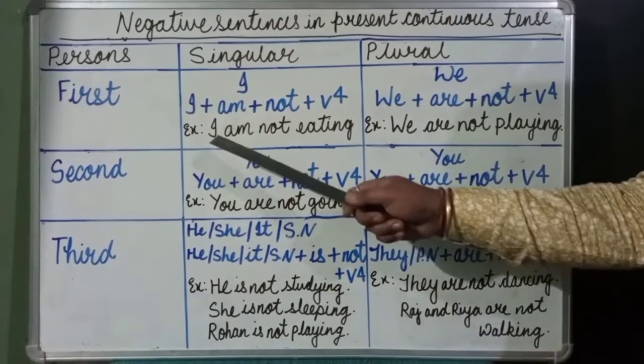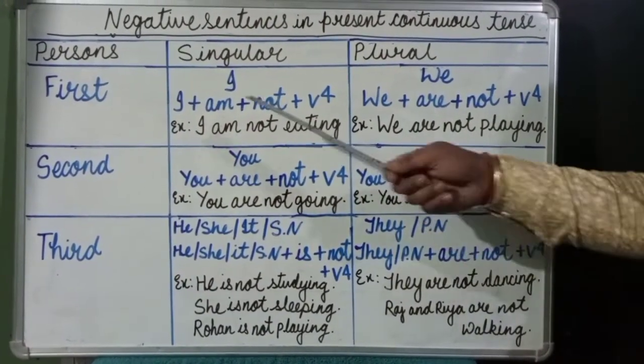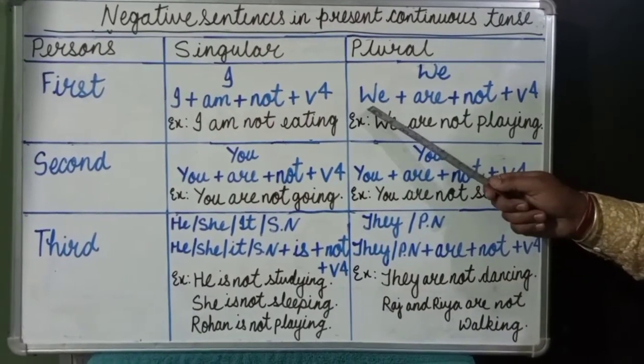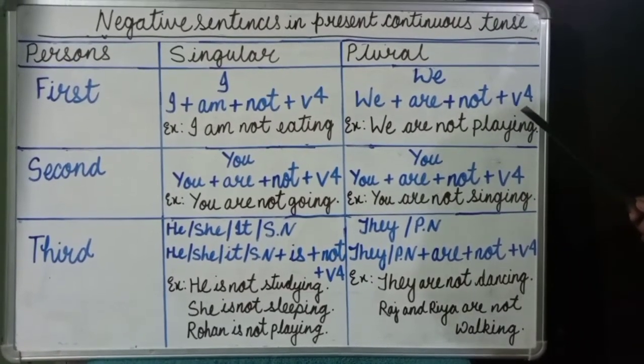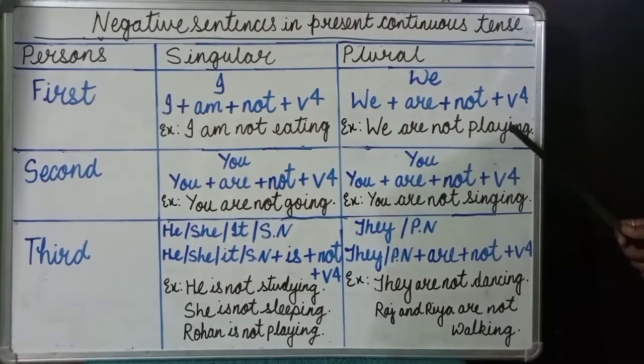For example, I am not eating. For first person plural, that is we, the rule is we plus are plus not plus fourth form of verb. For example, we are not playing.